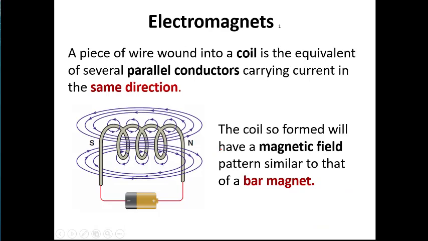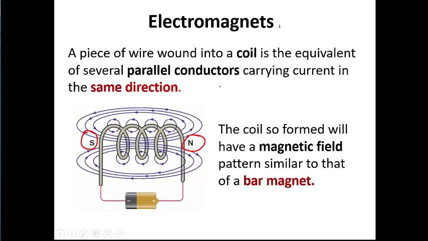If we take that idea and we take our wire, and rather than keep it in a straight line, we make a loop of wire, what happens is we can create a north pole and a south pole. So a loop of wire is going to create north and south poles.